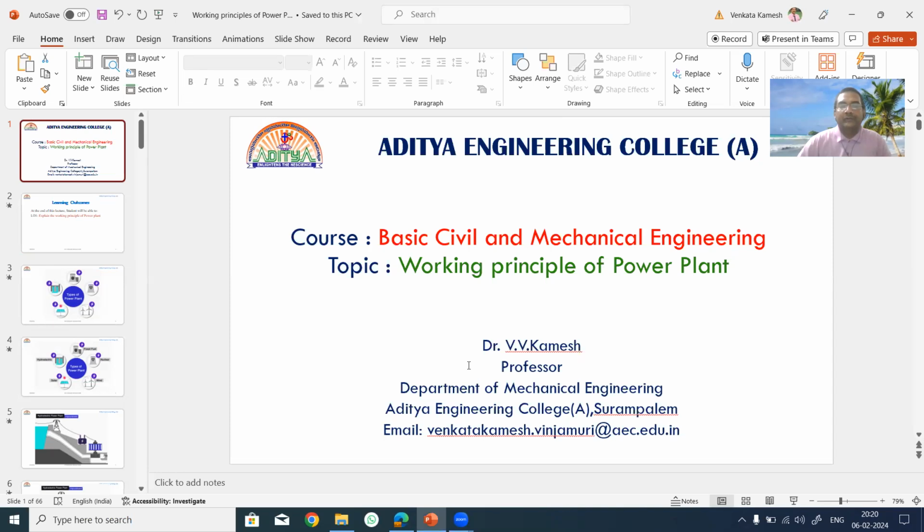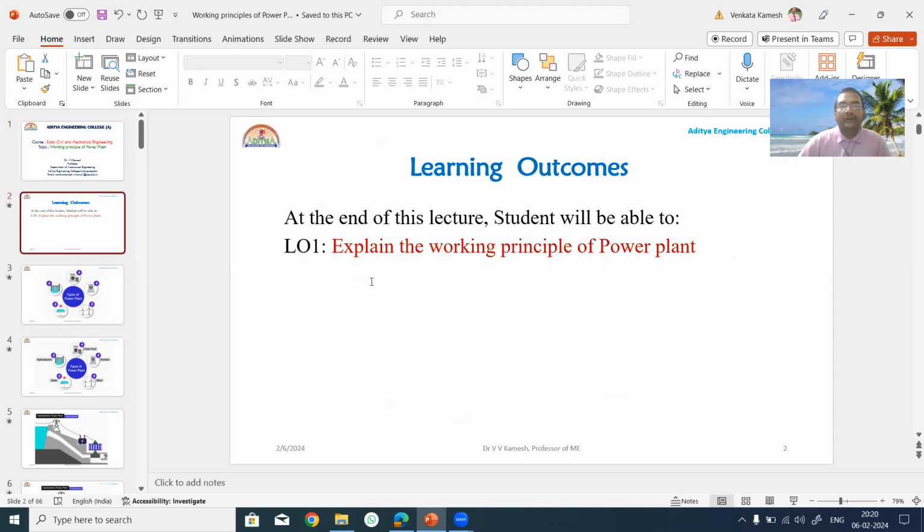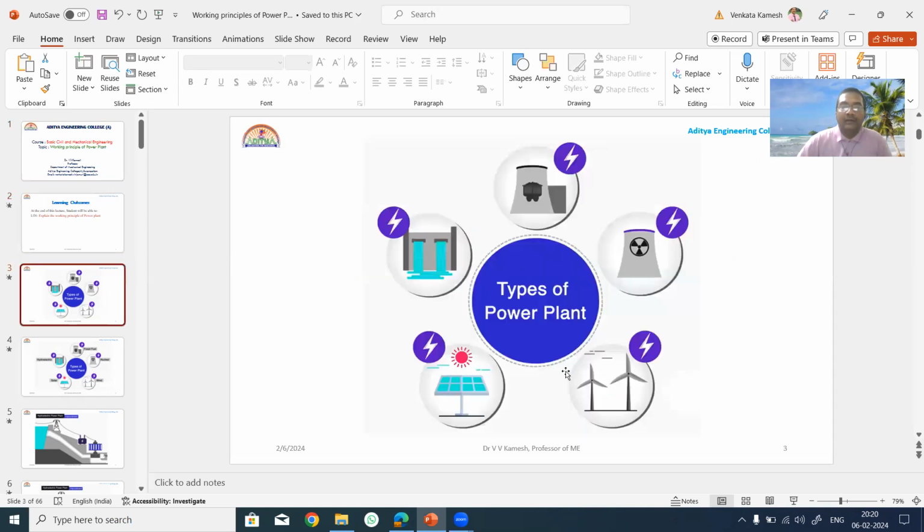So the learning objective of this video is to explain the working principle of the power plant. Now you can see power means energy, right? Energy can be obtained by several means, right?